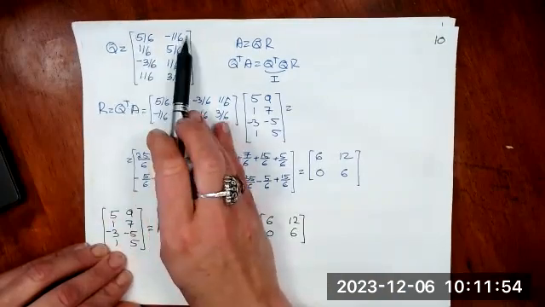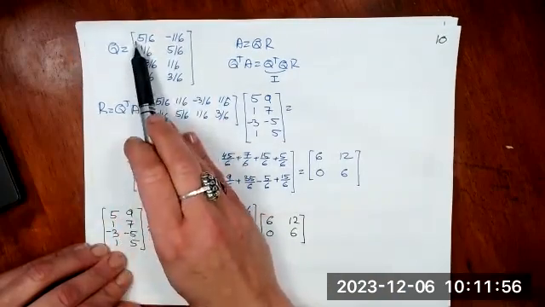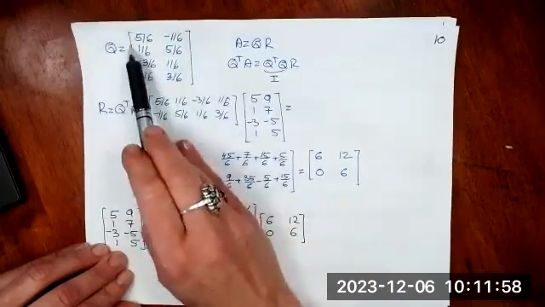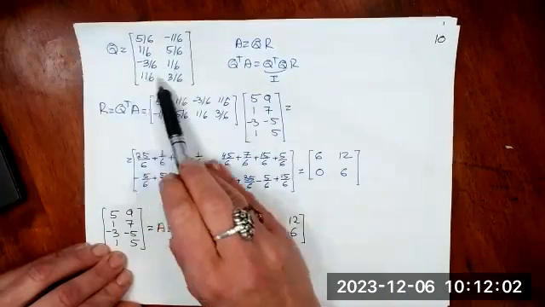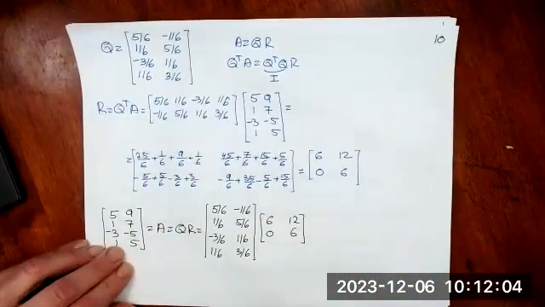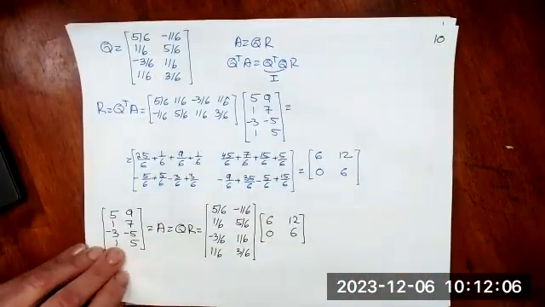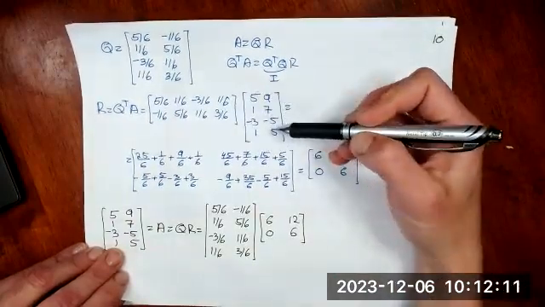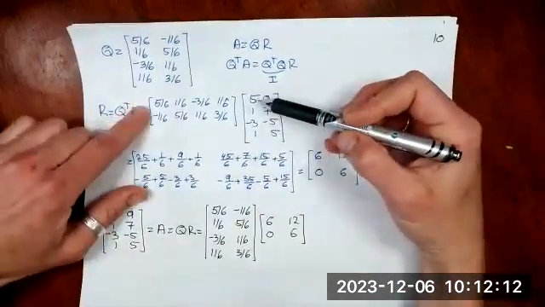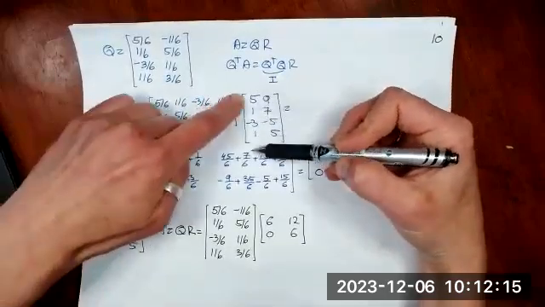So just rewrite your Q as a transpose, so the rows become columns. I'm multiplying it by my original matrix A. It's just matrix multiplication; you always go row by column.